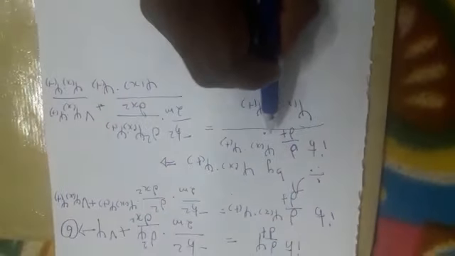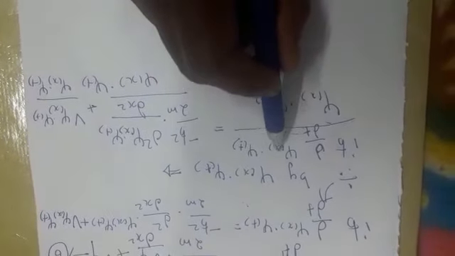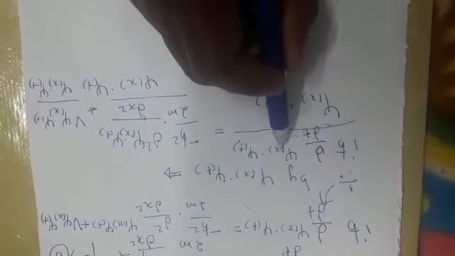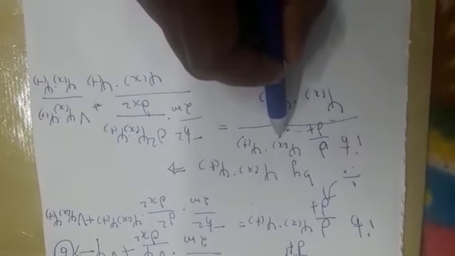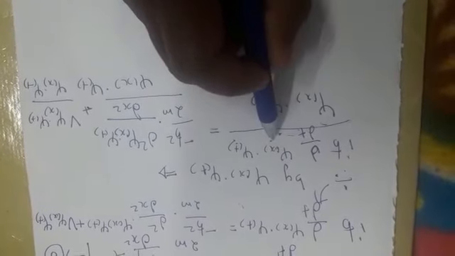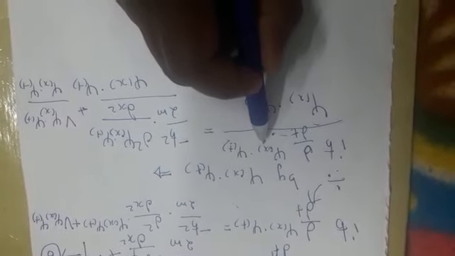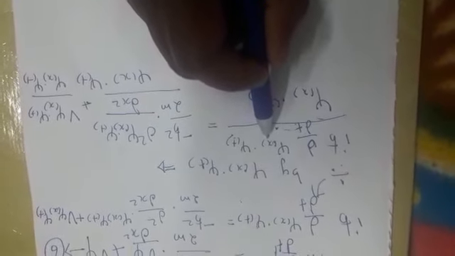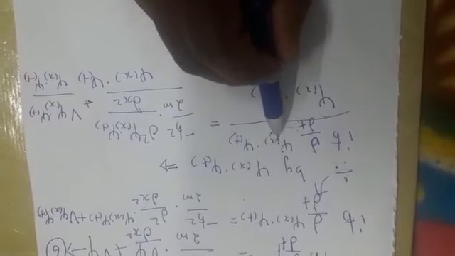Now here we have psi of x into psi of t. Differentiation is with respect to time, so this term psi of x is a constant. Psi of x is considered as a function of x, so it is constant here. So this psi of x and psi of x cancel.